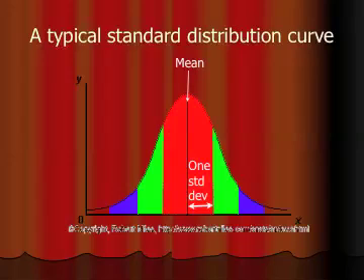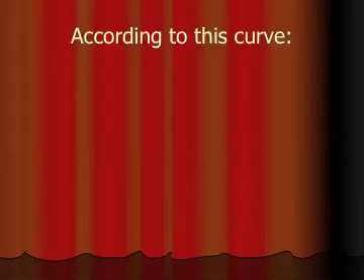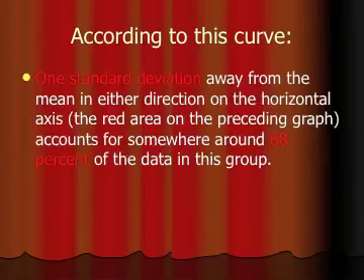And if we take into account the green area also, this would mean 2 standard deviations. That would mean 5 from the mean to the red and then another 5 from the red to the green. So why is this important? Because according to this curve, one standard deviation away from the mean in either direction, that means plus or minus 1 standard deviation, that means the red area on the graph before that we just saw, accounts for somewhere around 68% of the data in this group.